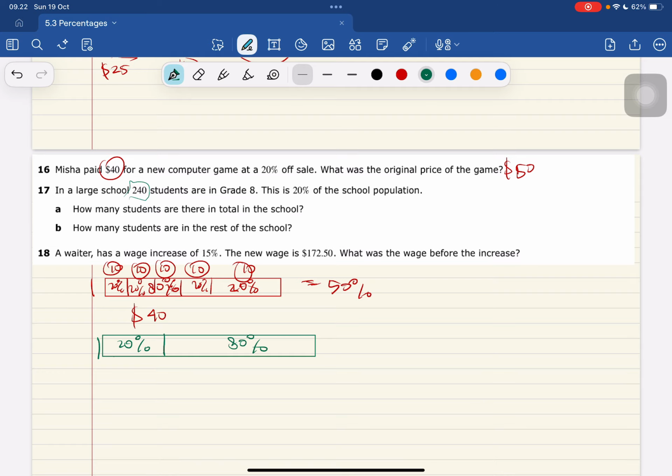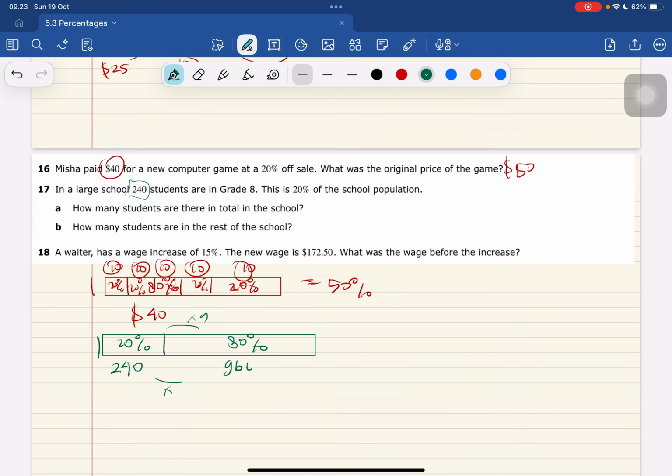So if 20% is 240, so 80% means we multiply it by 4. So if we multiply it by 4, it's going to be 960. So the 80% is 960. So 240 plus 960 is equal to 1,200. How many students are in the rest of the school? It is 80%, 960.